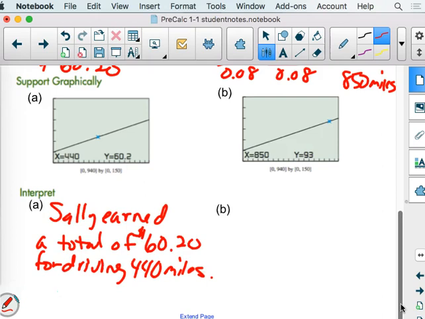You know? So if somebody just takes a quick glance at our work, doesn't really read the initial problem, they can say, oh, look what they were trying to find. They were trying to find how much Sally earned. She drove 440 miles. So what's something we could say for John's? Because John's was, John earned $93 test driving a car in one day. How far did he drive?